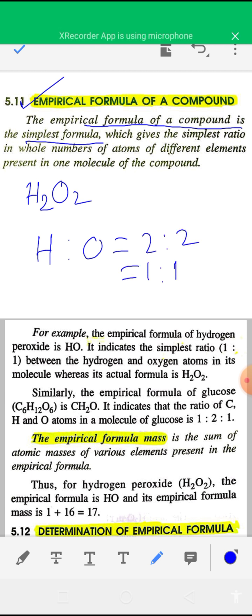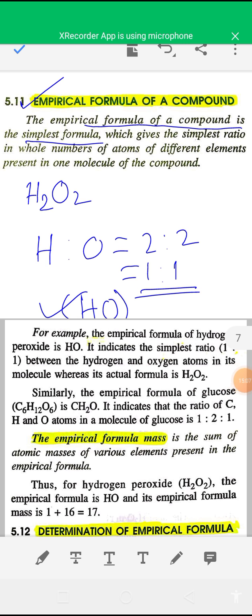According to the simplest ratio, the formula of hydrogen peroxide is HO, which is the empirical formula of hydrogen peroxide. So the empirical formula of a compound is the simplest whole number ratio of atoms of different elements present in one molecule of the compound.